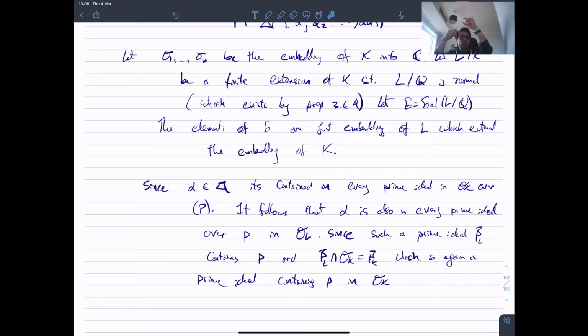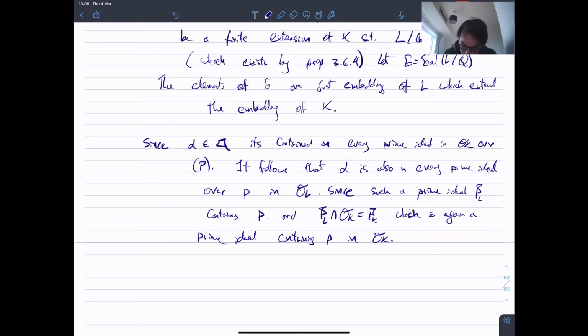So the top one is just a bigger prime ideal, so it obviously also contains alpha, and it contains P. So alpha is in all of these prime ideals, these beta L's, for every prime ideal above P.